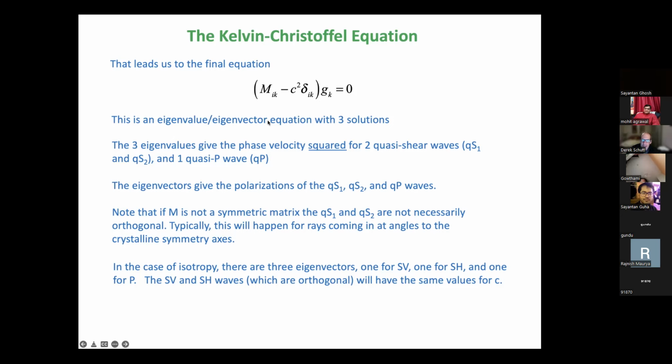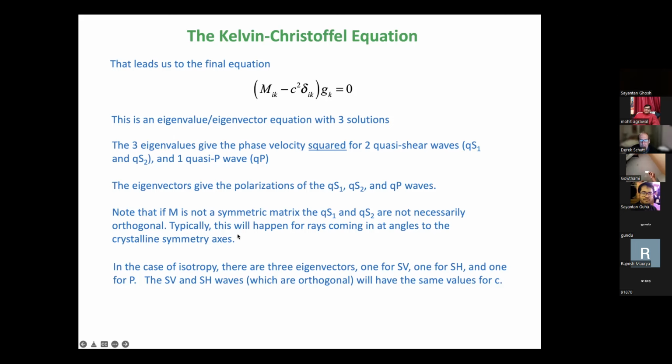And this is an eigenvector eigenvalue equation with 3 solutions. The 3 eigenvalues give the phase velocity squared for 2 quasi-shear waves, QS1 and QS2, and 1 quasi-P wave, QP. The eigenvectors give the polarizations of the quasi-shear waves and the quasi-P wave. Note that if M is not a symmetric matrix, the QS1 and QS2 are not necessarily orthogonal.